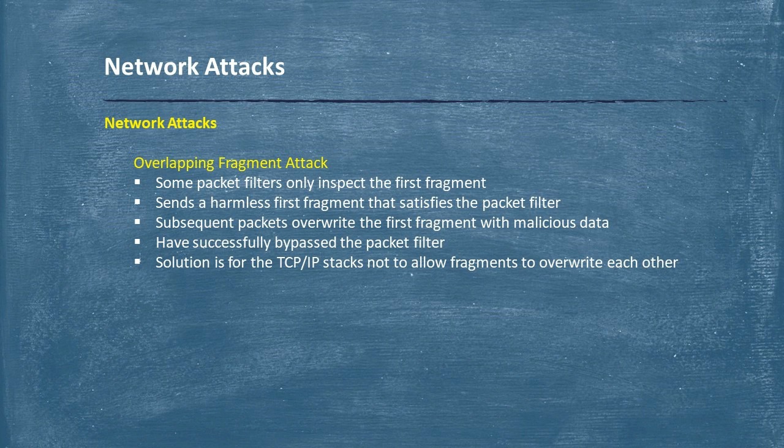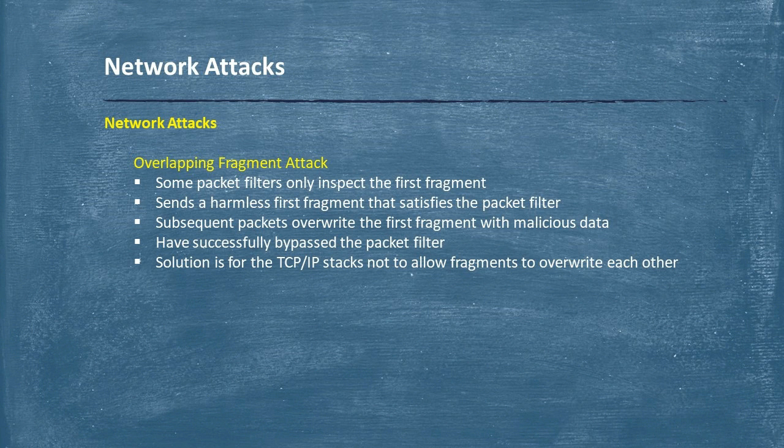Overlapping fragment attack. Some packet filters only inspect the first fragment. Firewalls are called packet filters, and they inspect packets or fragments. An intruder sends a harmless first segment that satisfies the packet filter, but it is a fake one.